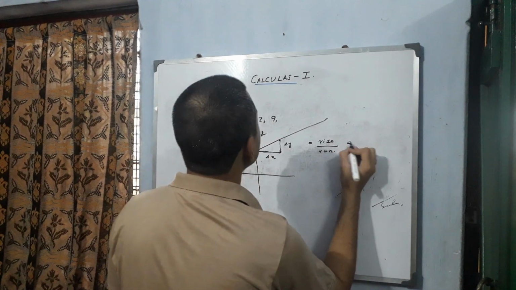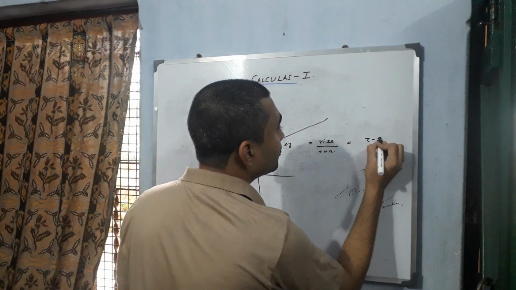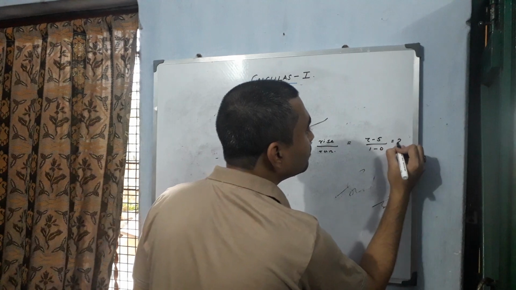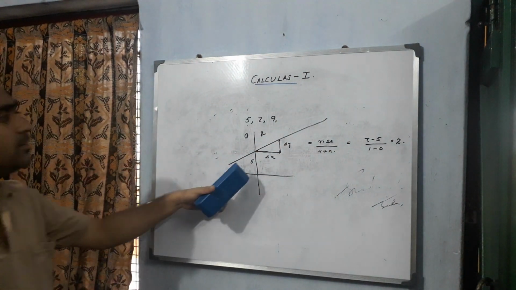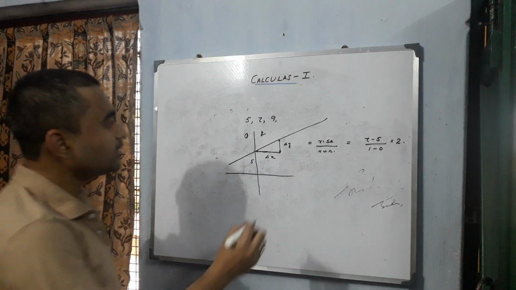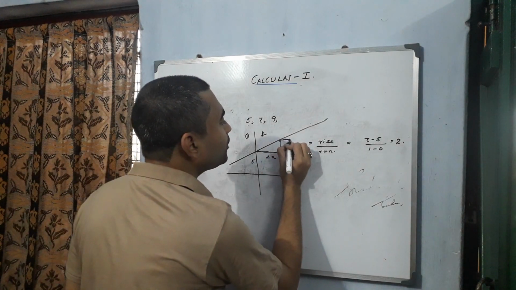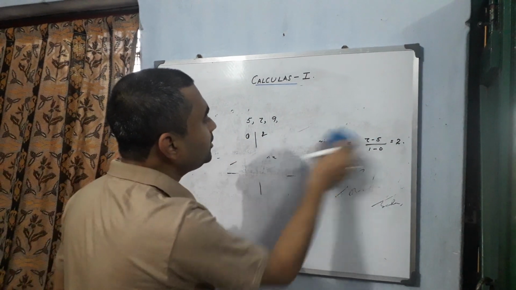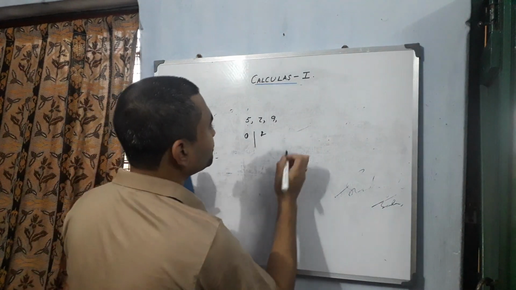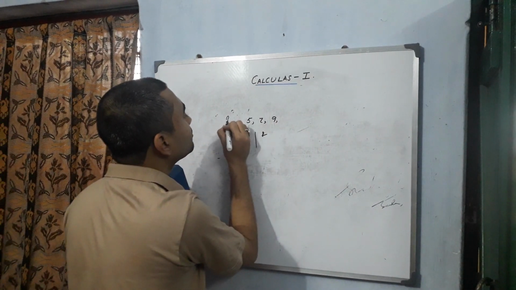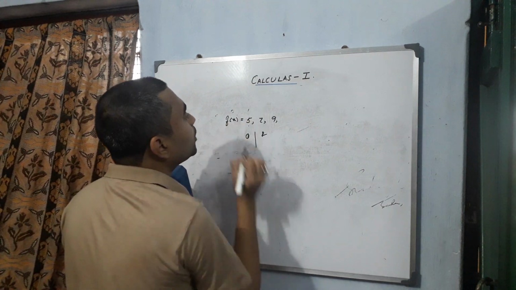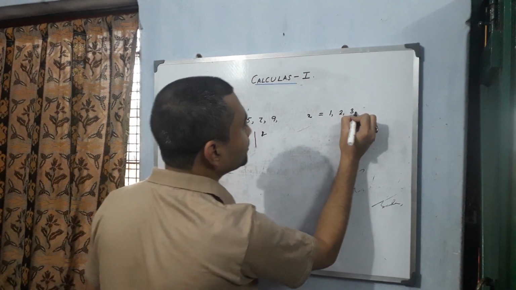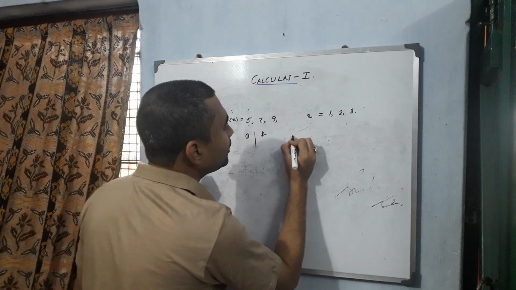So we can easily write this as 7 minus 5 by 1 minus 0, which is equal to 2. Now this is predictable in the sense that anywhere we go, however small or however large we take this, the change of y of this function to x is always 2.